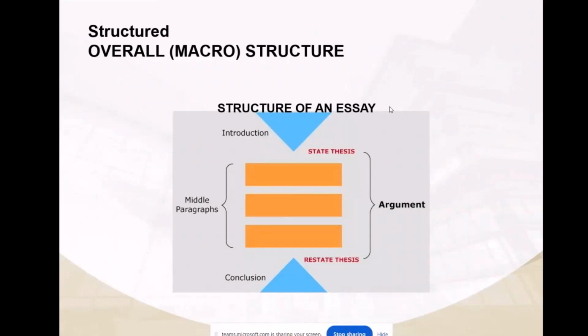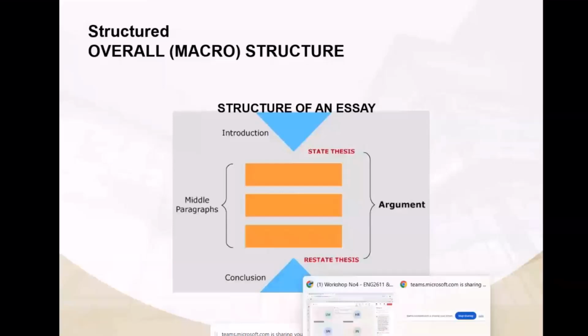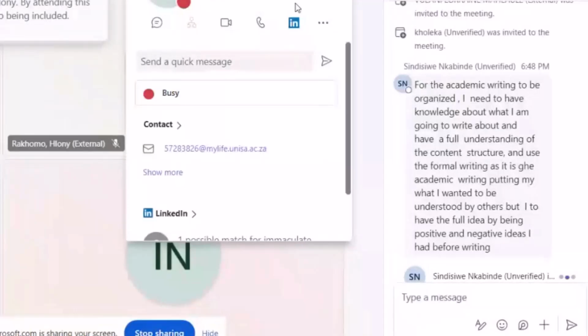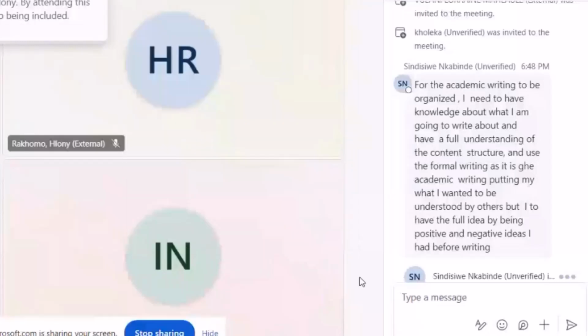Now, I'm looking at the structure and I'm asking, are these the kind of things that students do when they write? Let me check if this is applicable practice with regard to students writing. I'm going to check what you've put down in the chat box. I'm going to read now. It reads as follows. For the academic writing to be organized, thank you very much.